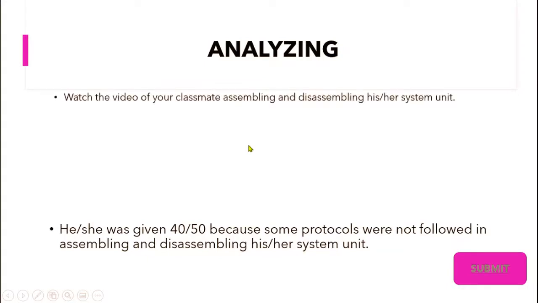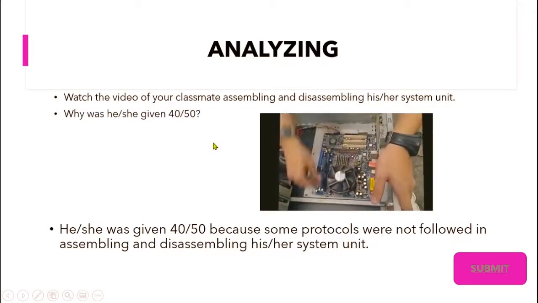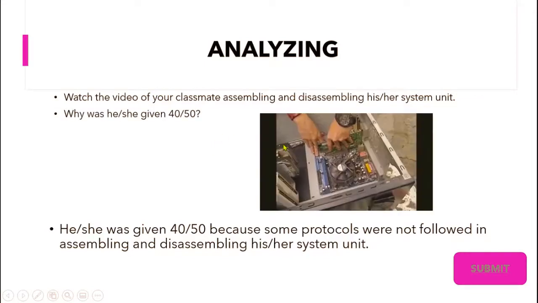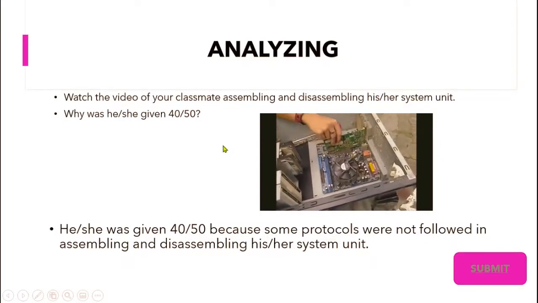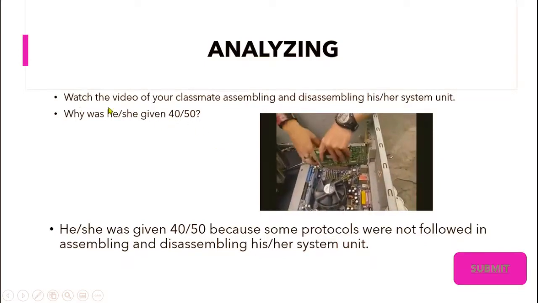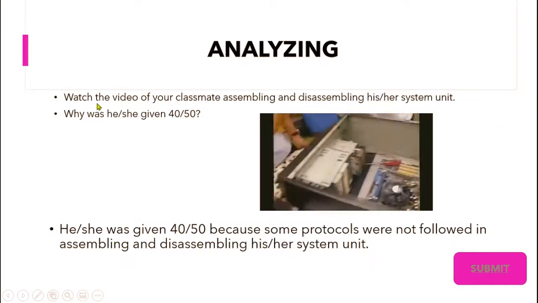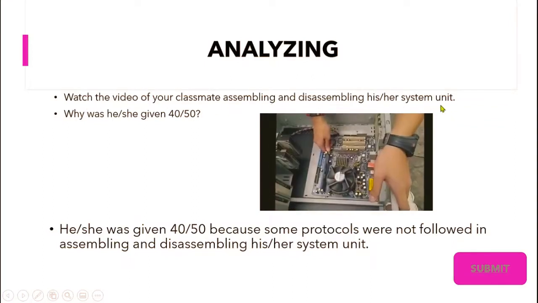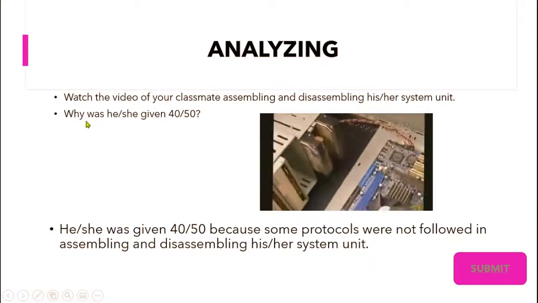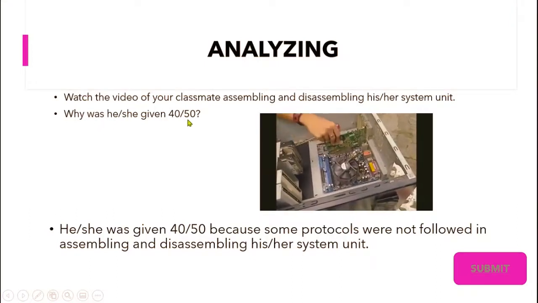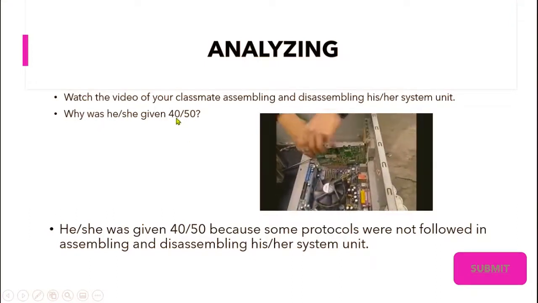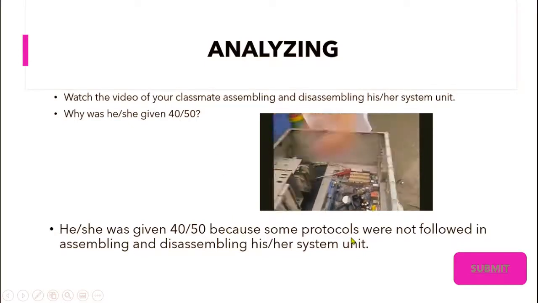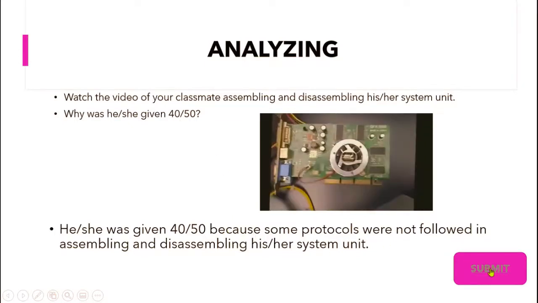In analyzing, you are going to reflect on the learning that you gained from application. So let's say, for example, the follow-up activity was to watch the video of your classmate assembling and disassembling his or her system unit and explain why he or she was given 40/50. And your answer could be this one.